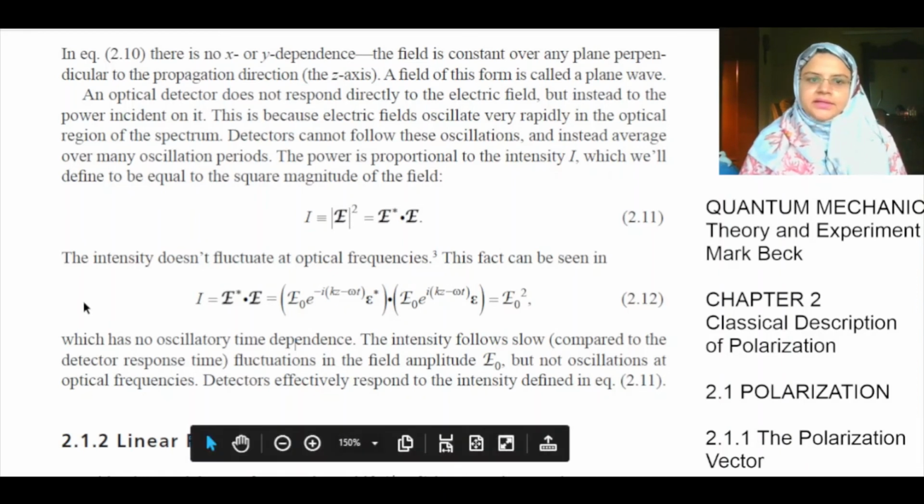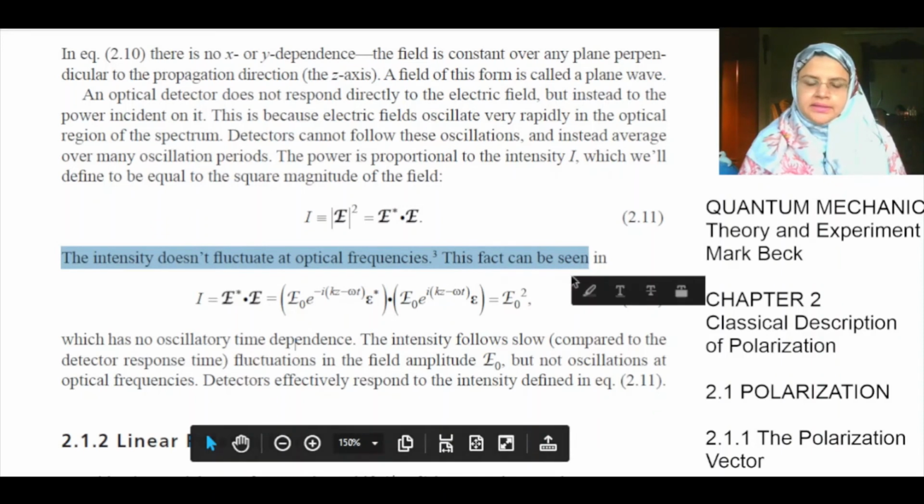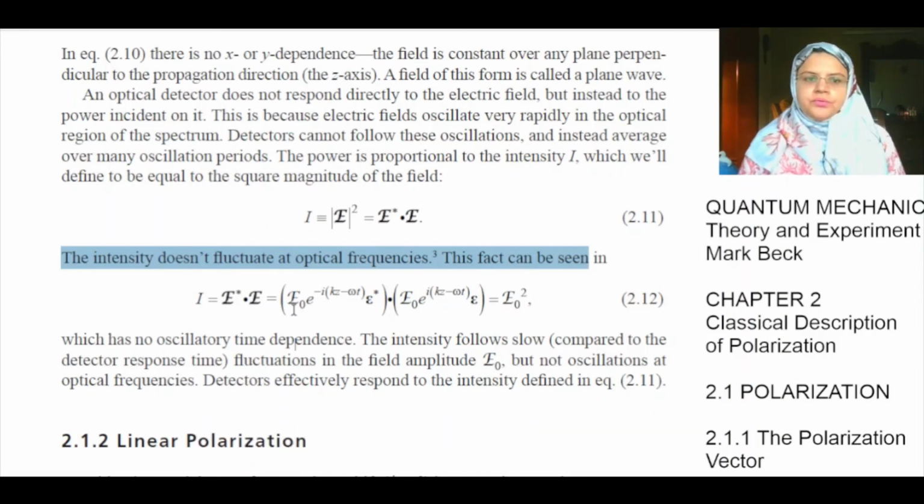The intensity doesn't fluctuate at optical frequencies. This fact can be seen in intensity = E conjugate · E. This is equal to E naught e^(-i(kz - ωt)) epsilon conjugate dot product with E naught e^(i(kz - ωt)) epsilon.